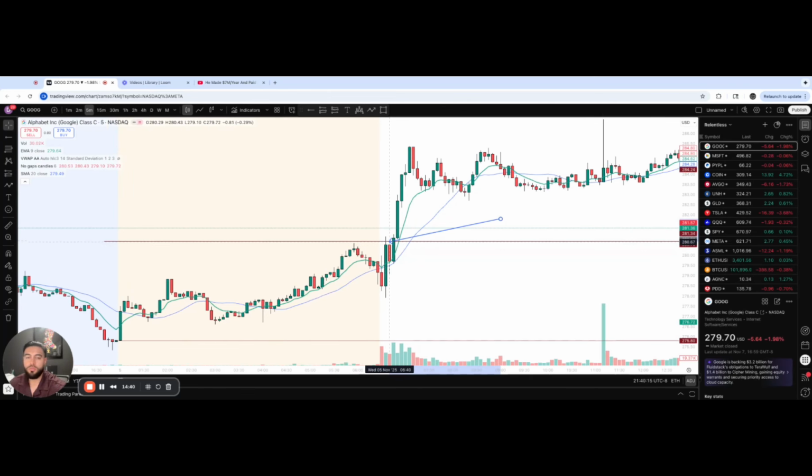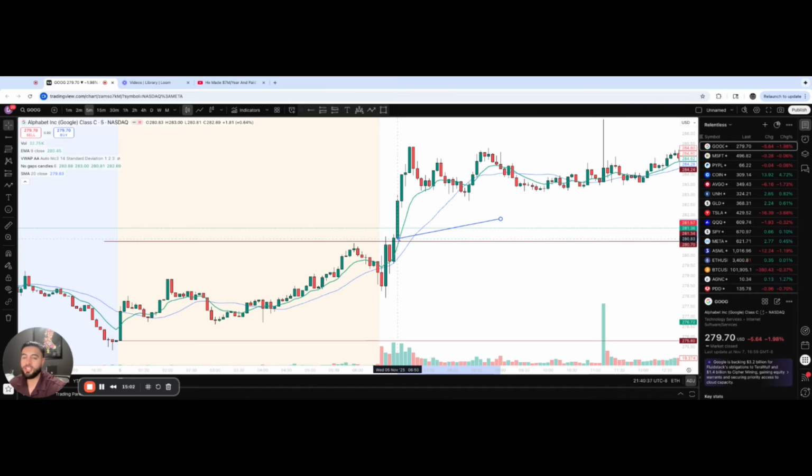That right there would have stopped a lot of people out. It would have scared you out of position, because the next candle was a red candle and it was coming down, and I'm pretty sure when the market was happening, it was moving down pretty fast, so it would have stopped out a lot of people. But then we wait for that candle closure, for the candle to end, and the next candle to begin.